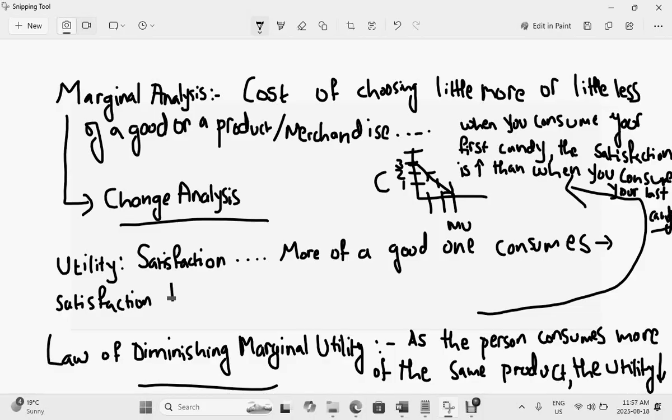So the more of a product or a merchandise you consume, the less the satisfaction.